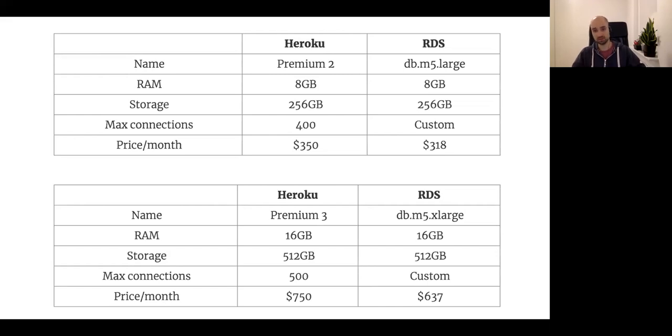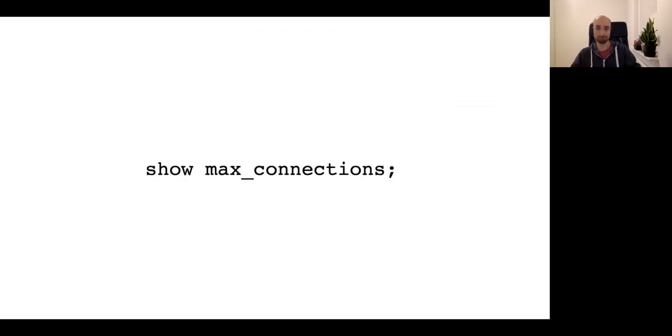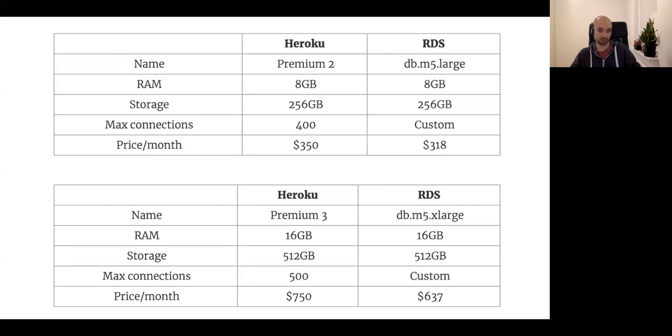I'm comparing mostly RAM because from my experience, RAM is the first element that starts bottlenecking for you. You will probably start missing RAM before you start missing any other component of your database, like disk space or CPU. You will notice here that for Heroku, the max connections is hard-coded, and for RDS, I coded custom. I did it because for Heroku, you cannot touch any of the config variables for your Postgres.